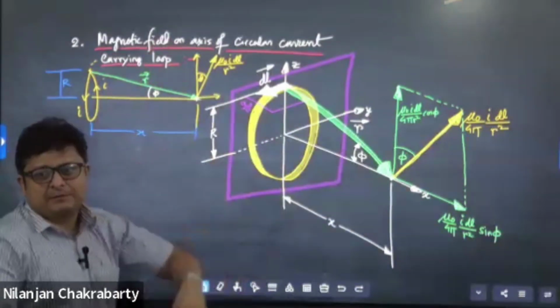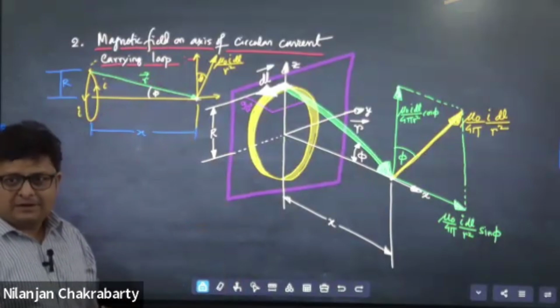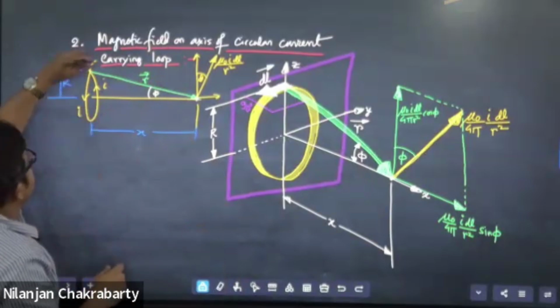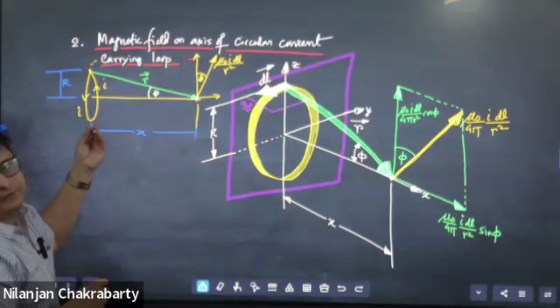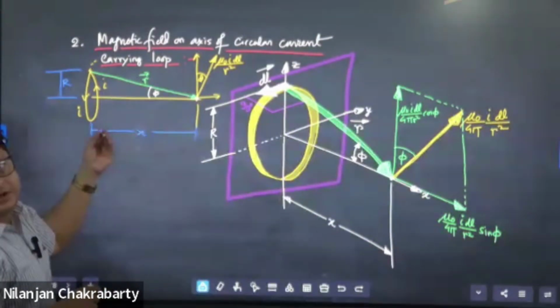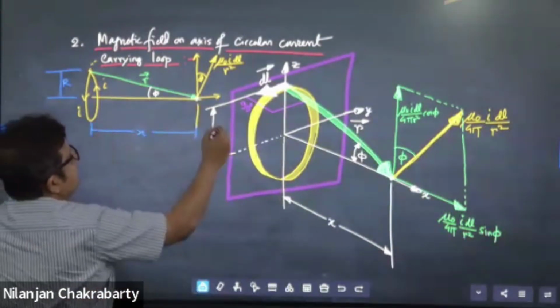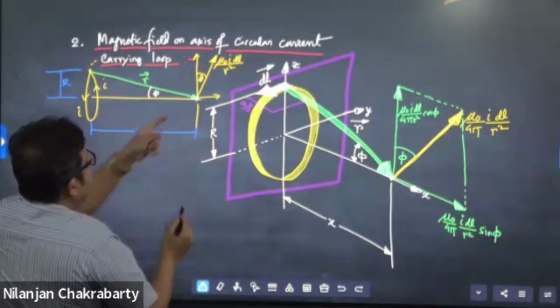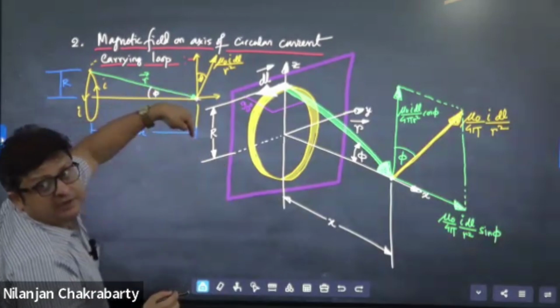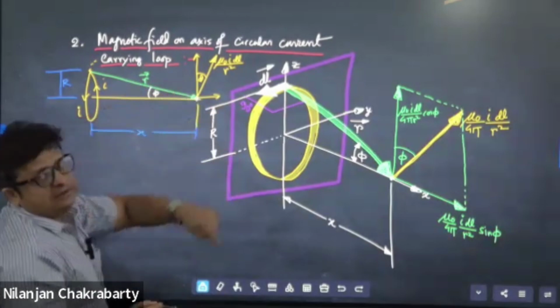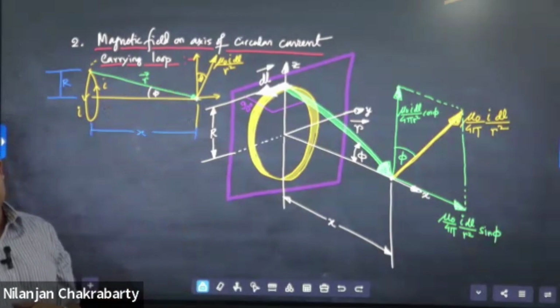See, this cos phi component will be cancelled, right? Because if there is a dl here, there is a dl going in also below. So for dl cross r, the downward component will be subtracted and this axis component will be added.